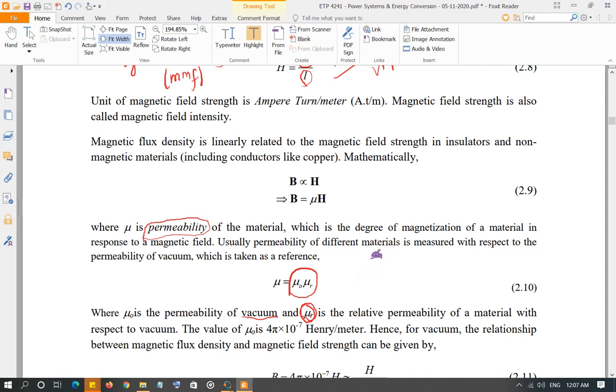Number that you can find in tables or the characteristic or properties of that material. And mu naught is a standard value, which is 4 pi into 10 to the power negative 7 Henry per meter.